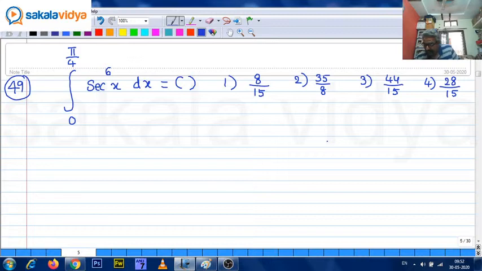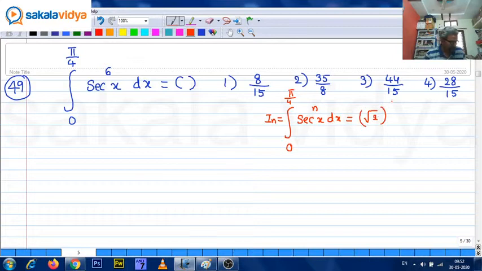Okay, thank you, Divya. Right. So now let me write the formula for integral 0 to pi by 4 of secant x to the power of n dx equals to root 2 raised to n minus 2 upon n minus 1 plus n minus 2 upon n minus 1 into I n minus 2.